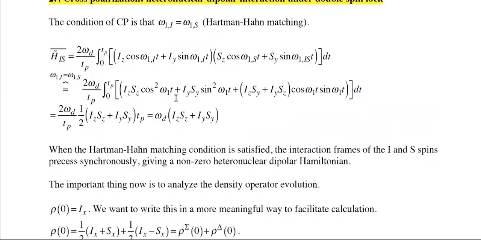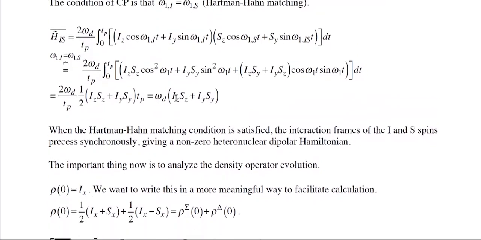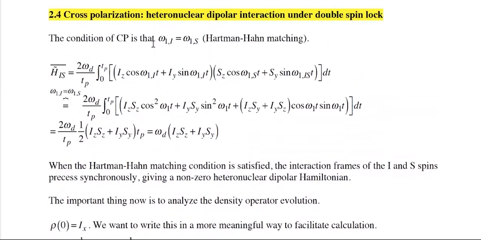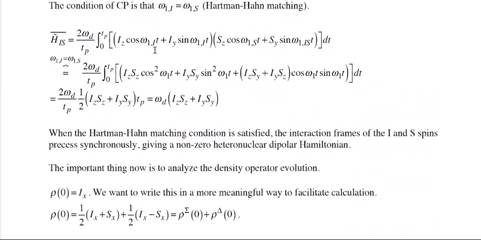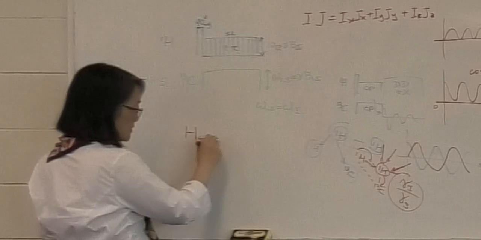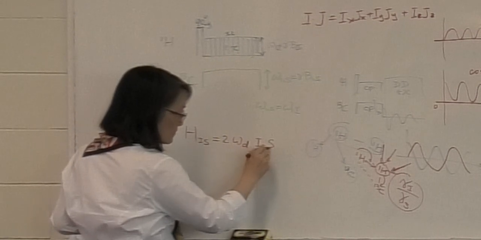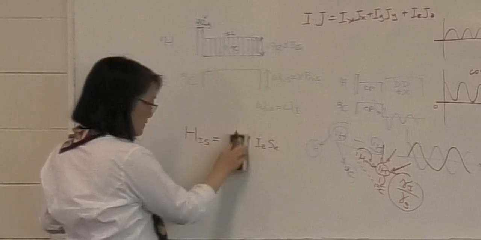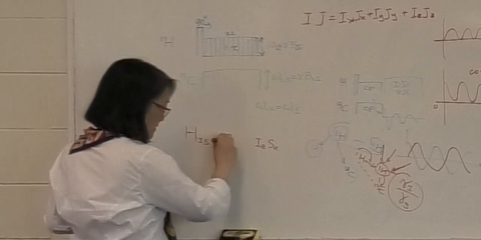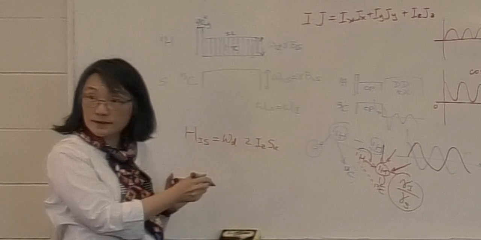Now, how does this look different from the normal laboratory frame? Well, it is very different. The normal laboratory frame is just IzSz, and actually, I don't know why I didn't write this, but normally the truncated form of the heteronuclear dipolar coupling has a factor of 2 in the front. Of course, it depends on how you define omega D, but for pedagogical purposes, it's better to keep the 2 separately in the front, or you can think of it this way, 2IzSz.